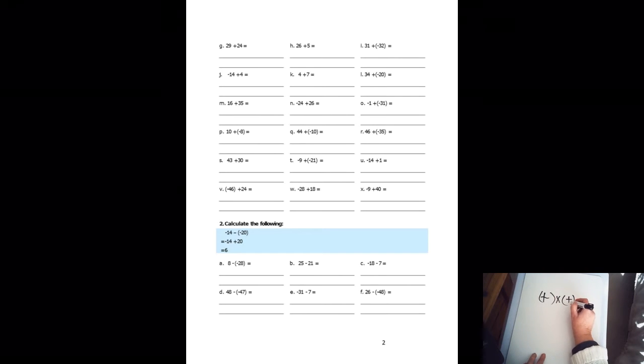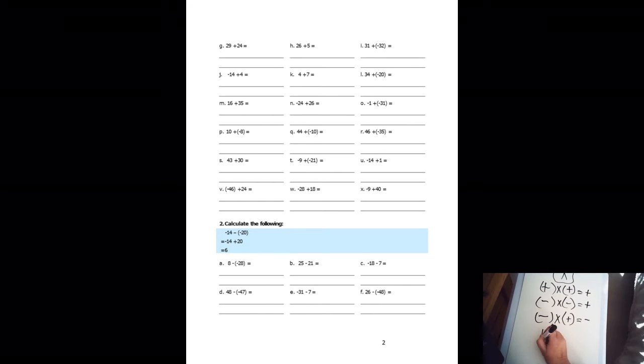This is only for multiplication. Positive times positive gives me positive. Negative times another negative gives me a positive. If I multiply negative and positive, I end up with negative.